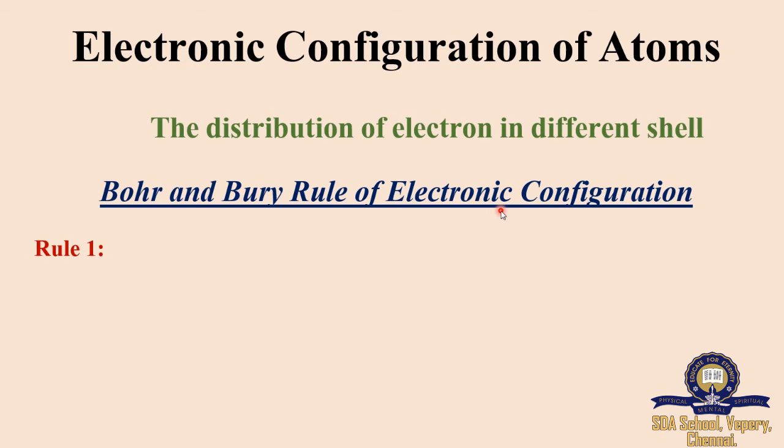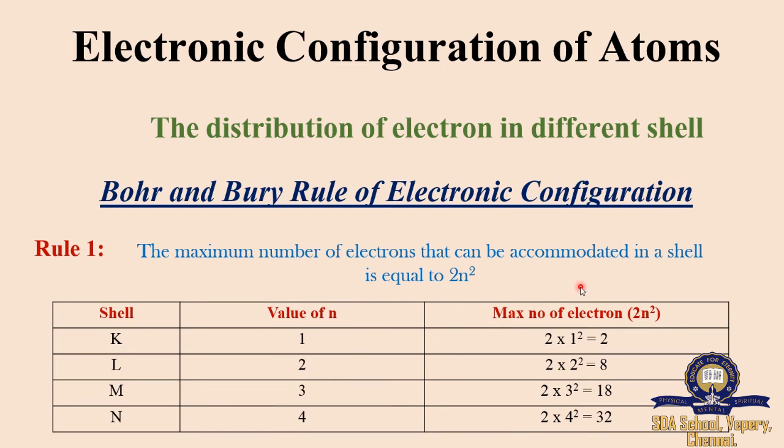Rule 1. We saw that the shell closest to the nucleus is the K shell, and the next is the L shell, M shell and so on. The first rule states that the maximum number of electrons that can be accommodated in a shell is equal to 2n square. Here, n is the serial number of the shell.